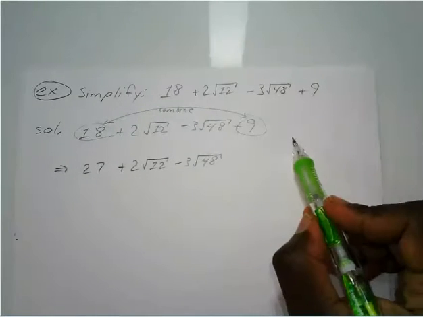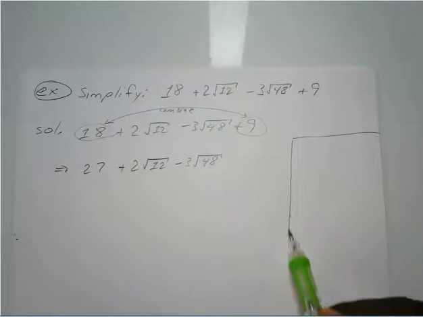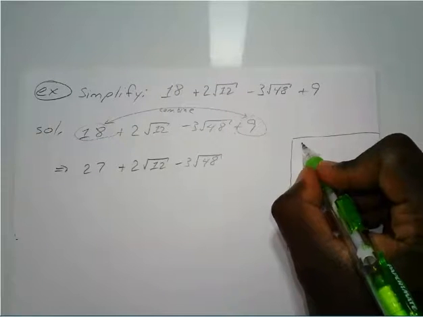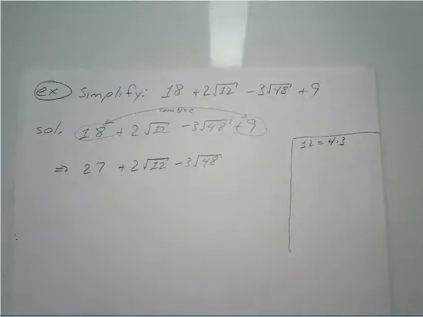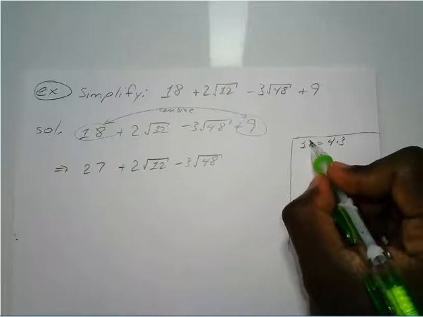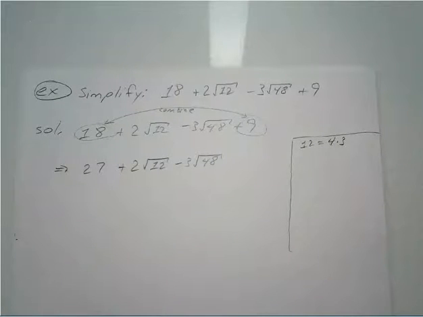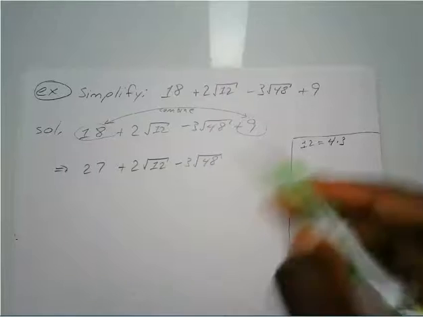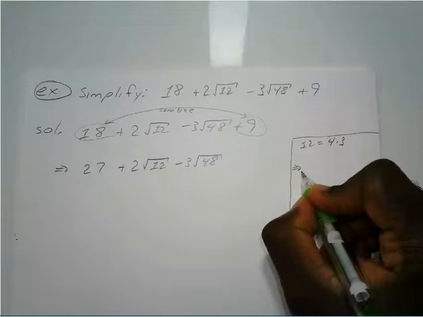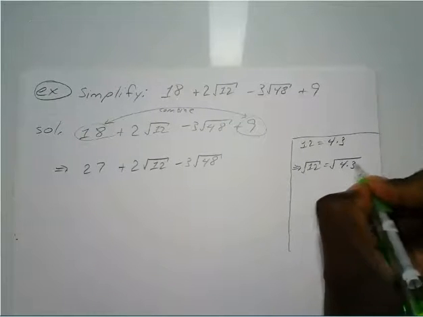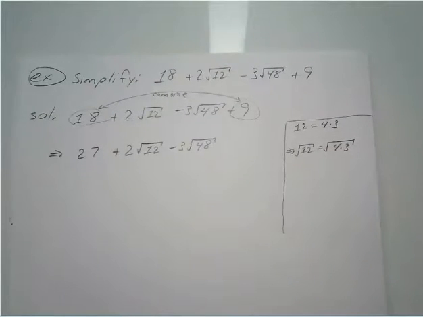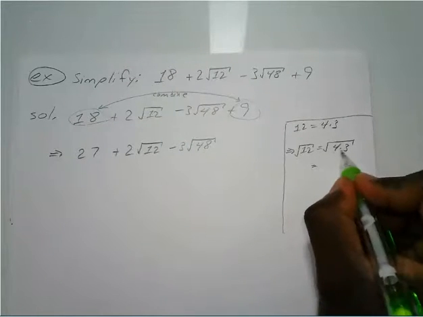Okay, so let's look at our 12. Okay, so we know that 12 is equal to 4 times 3. There's also 6 times 2, but 6 is not a perfect square, and 2 is not a perfect square. Well, 4 times 3, we have a perfect square. Okay, so that means square root of 12 is equal to square root of 4 times 3, which means we can separate those two.